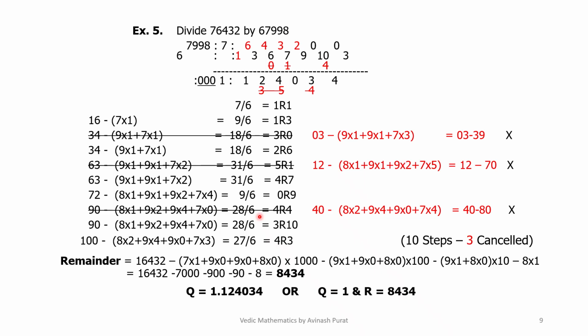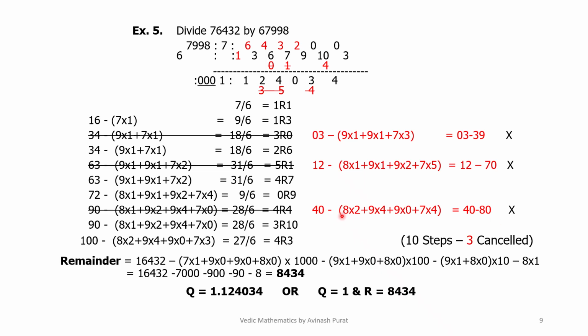Now if we take 4 as quotient and 4 as remainder, then 40 is dividend minus 8 into 2 plus 9 into 4 plus 9 into 0 plus 7 into 4 will be 40 minus 80.